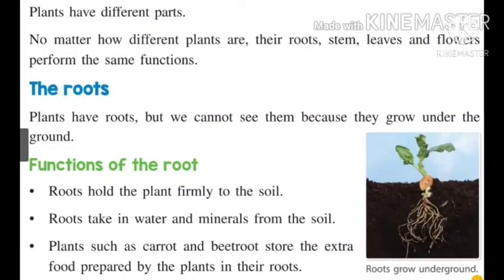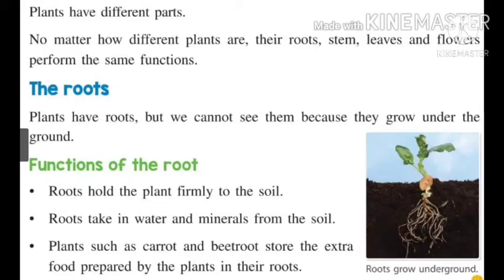Now let's talk more about the different parts of a plant. Plants have different parts. No matter how different plants are, their roots, stem, leaves and flowers perform the same functions. The roots.